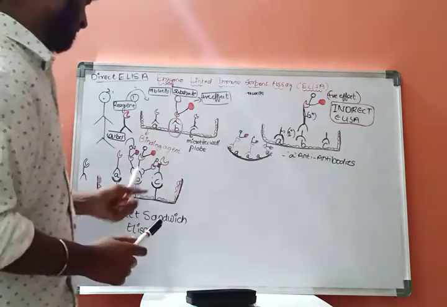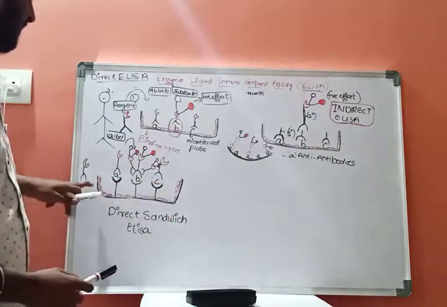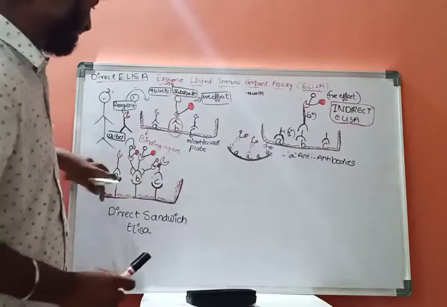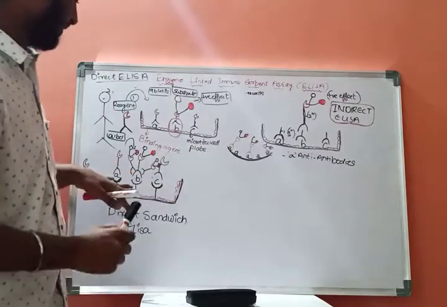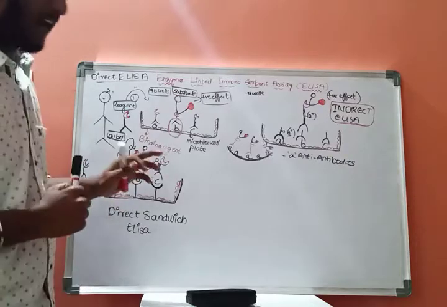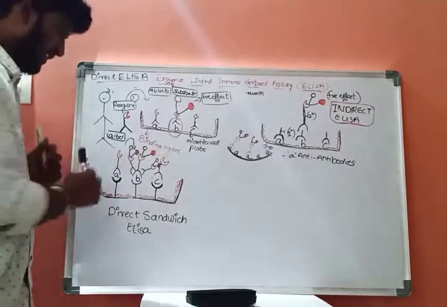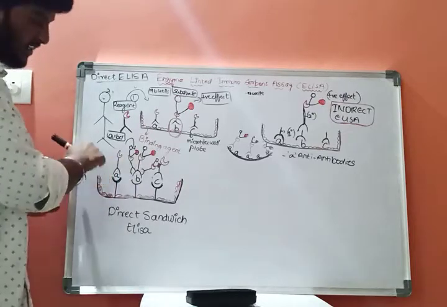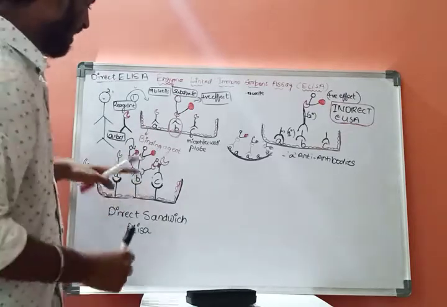Let us remember once again: a microtiter well plate is taken, primary antibodies are added to the surface of this microtiter well plate, and binding agent will be added. After adding the binding agent, antigen A, antigen B, antigen C are poured into the microtiter well plate.